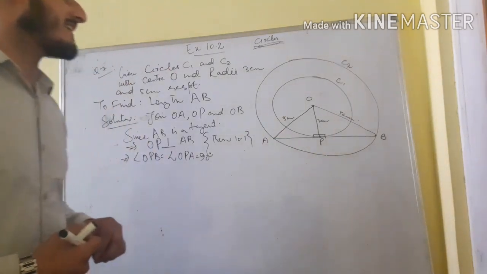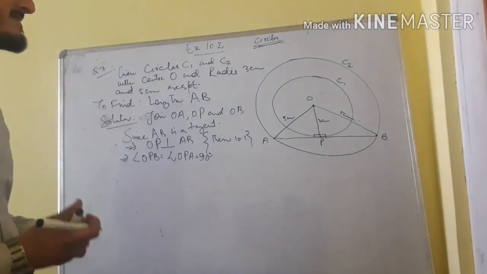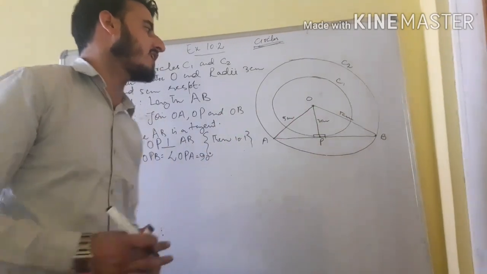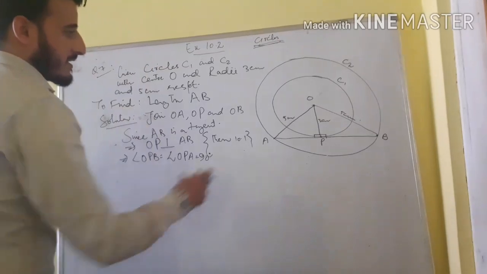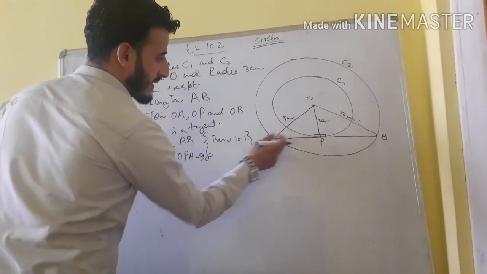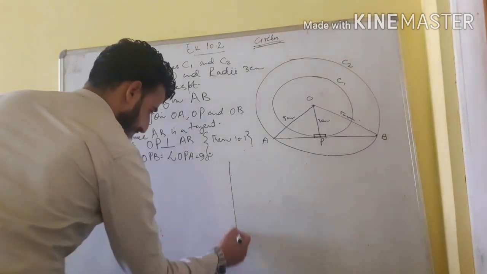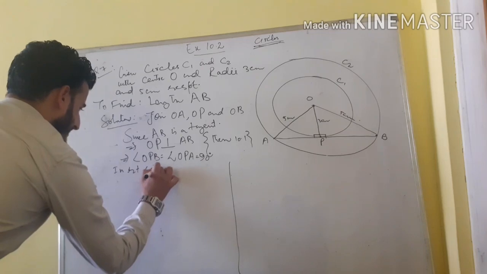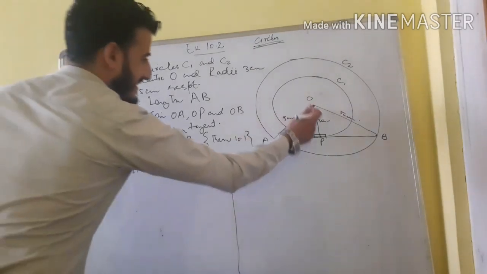So both the angles are 90 degrees, which means both the triangles are right angled. OPA is right angled, and OPB is also a right angled triangle. Now if both are right angled triangles, we can easily find the third part by using the Pythagoras theorem. Now I consider the right angled triangle OPA.